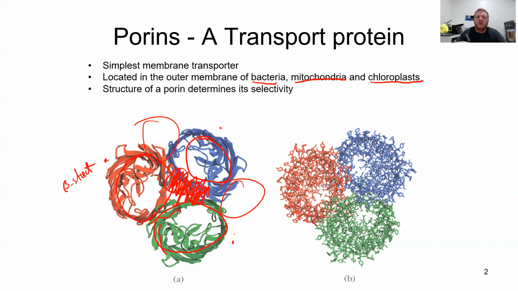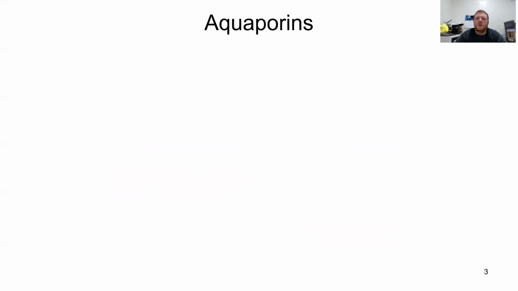With fewer sheet proteins, it's going to be more selective. These are basically always open in the sense that a solute can travel in either direction, from the interior of a cell to the exterior, or the exterior to the interior.